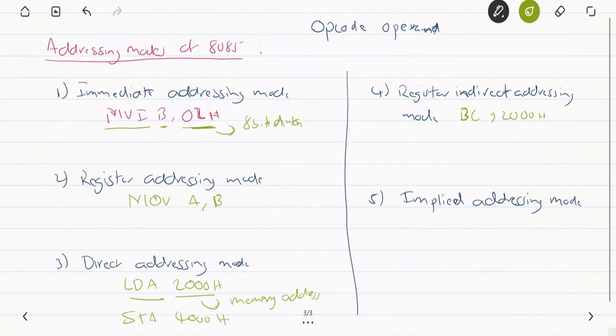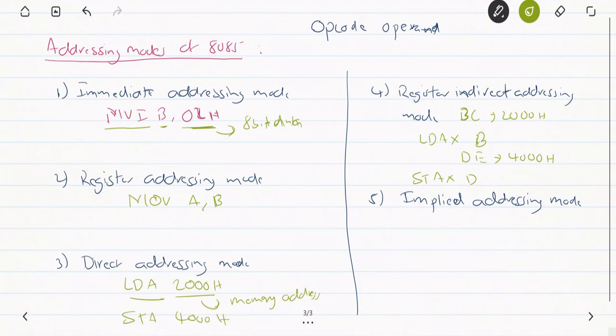Now what we're going to do is load the content of the address present in BC, which is 2000H, into the accumulator using this particular instruction. Sorry, it's not C, it's just B. Another example: if we had an address of 4000H in DE, then we would use STAX D to store whatever is present in the accumulator in the memory address which is present in the DE pair. Now this comes under register indirect addressing mode.